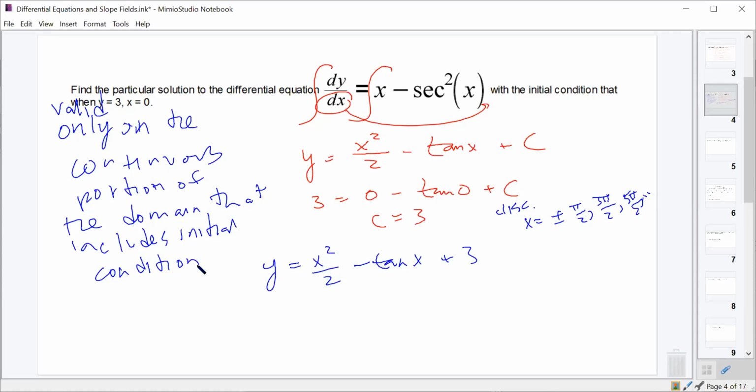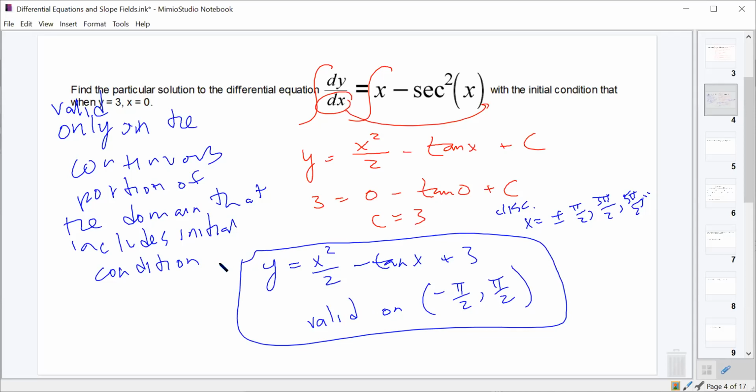So our initial condition says that x is equal to 0, right? So between which two asymptotes does x equals 0 fall? Positive pi over 2 and negative pi over 2. Right. So we will say that this is only valid for negative pi over 2 to pi over 2. Because outside of that interval, it doesn't matter what the constant is.